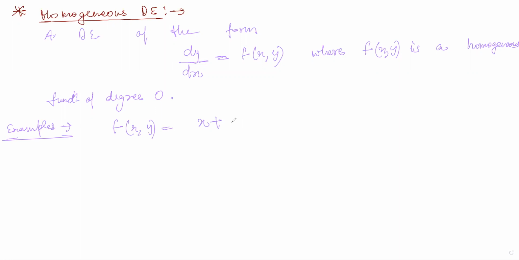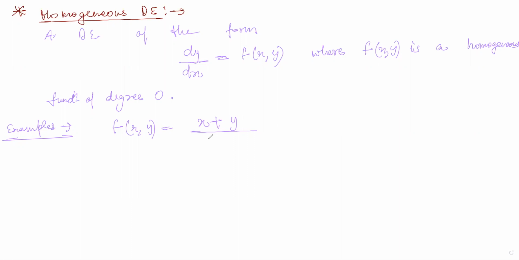Let's say I'm writing x plus y. I know the degree is 1, because we have one lambda common if we replace x with lambda x and y with lambda y. Whatever power is involved for x and y, that should be the same for numerator and denominator, then only we can cancel out, right?